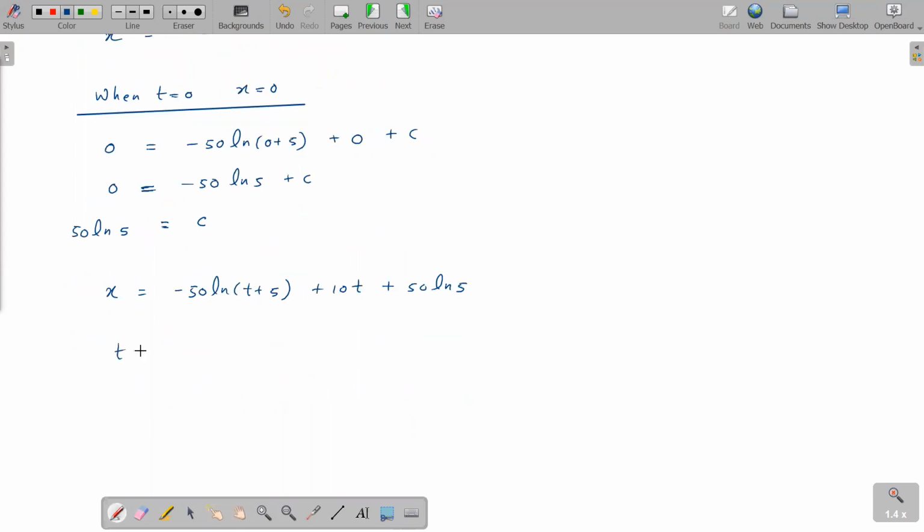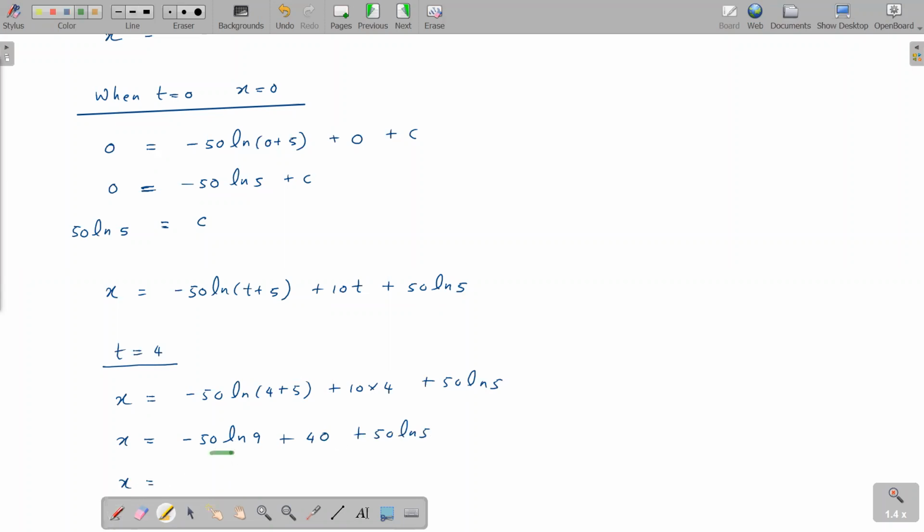So when t equals 4, replace t with 4: minus 50 ln(4 plus 5) plus 10 times 4 plus 50 ln 5. Shall we first get the exact answer? Minus 50 ln 9 plus 40 plus 50 ln 5.